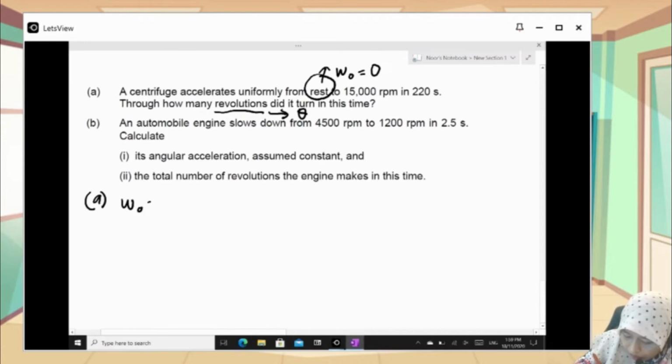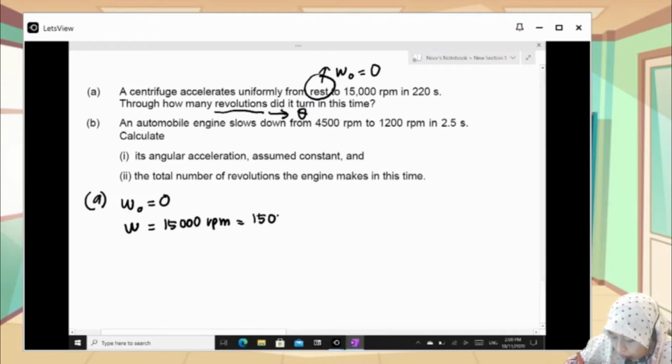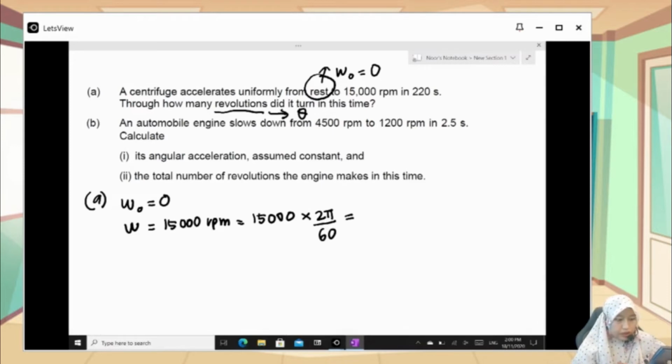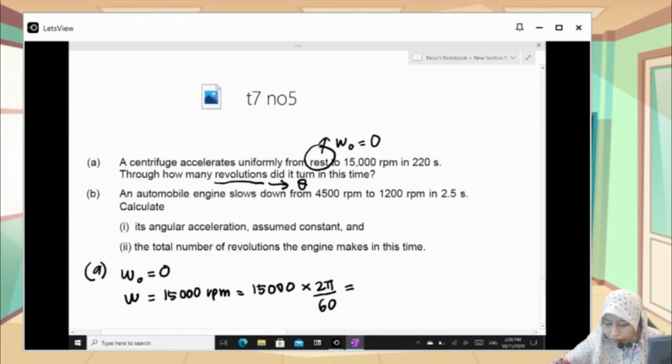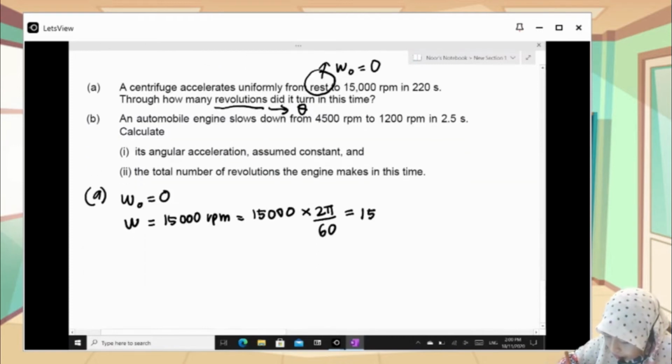So omega naught is 0. Omega is 15,000 RPM. Change it to radian, so times 2 pi over 60. 15,000 times 2 pi over 60, we get 1570.8 radian per second.